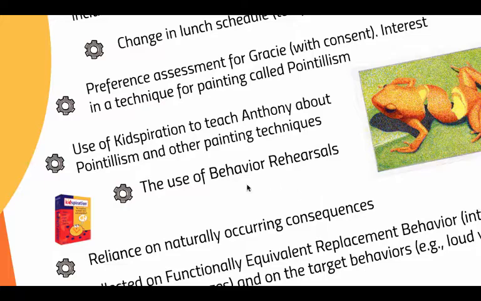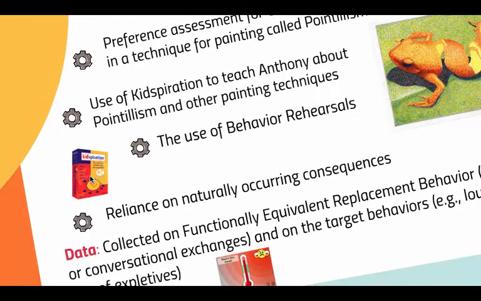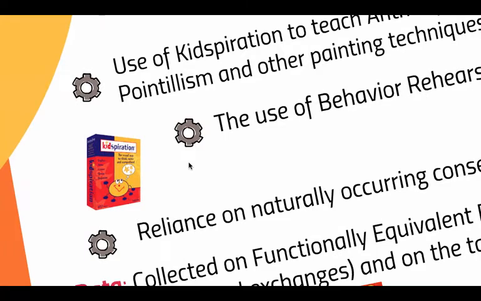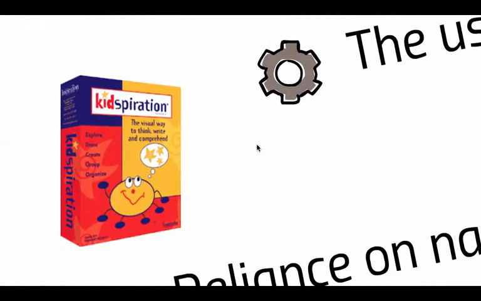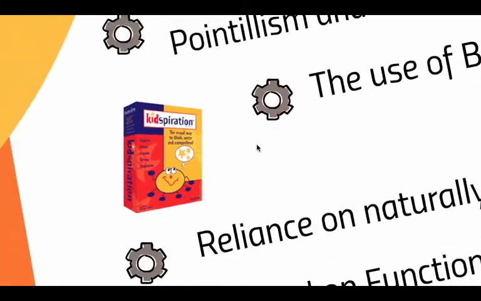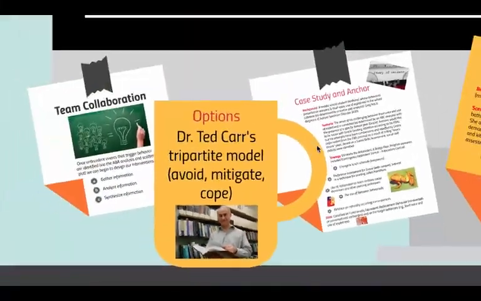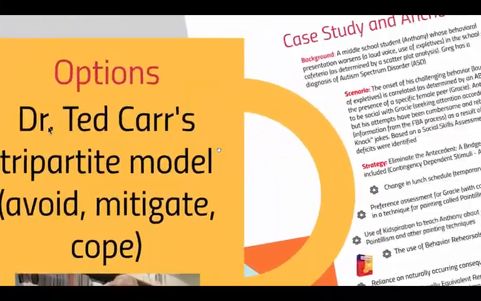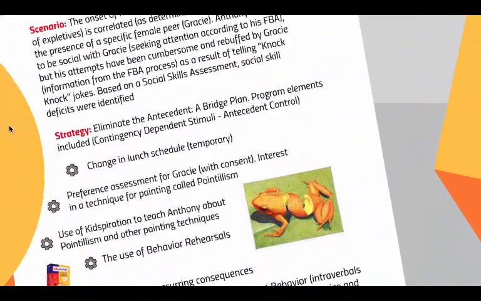So we used a software program. It's called Kidspiration, and it's essentially a mind mapping or idea mapping. It's a visual way to think and write. But it was our way of teaching Anthony a lot of different things. So what we did is that we taught Anthony about pointillism. We taught him all about pointillism.